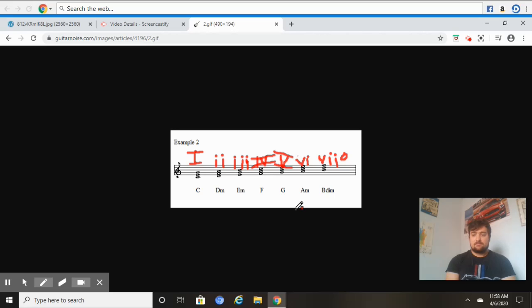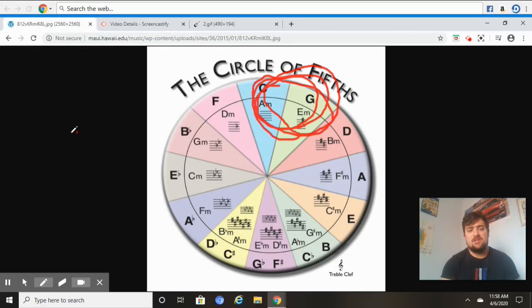And again, this is all coming back to, we're going to work on our 2-5-1s. And so if we want to, just as a preview, look at our circle of fifths sheet over here.